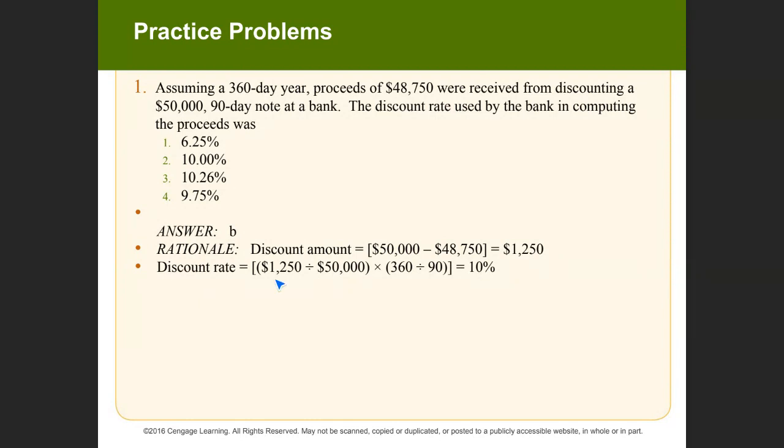So we're going to divide that $1,250 by the full amount, which is 50,000. And then we're trying to get the discount rate for a 90-day note. And so we're going to take 360 divided by 90. And that's going to give us our 10%.